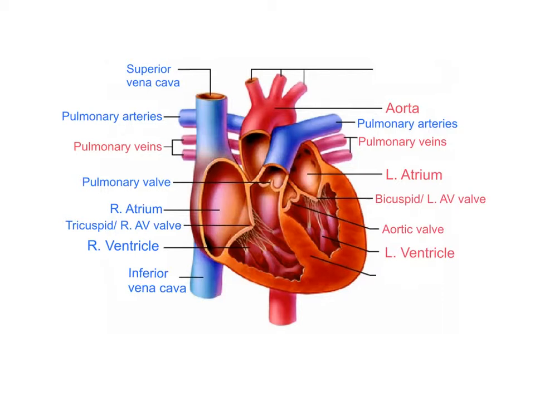And after the left atrium, it's going to enter through the bicuspid valve or the left atrioventricular or AV valve. After that, it enters into the left ventricle, and again it's going to get pumped through the aortic valve, and this goes out into the aorta. Now, after it leaves the aorta, it's going to go to the body.